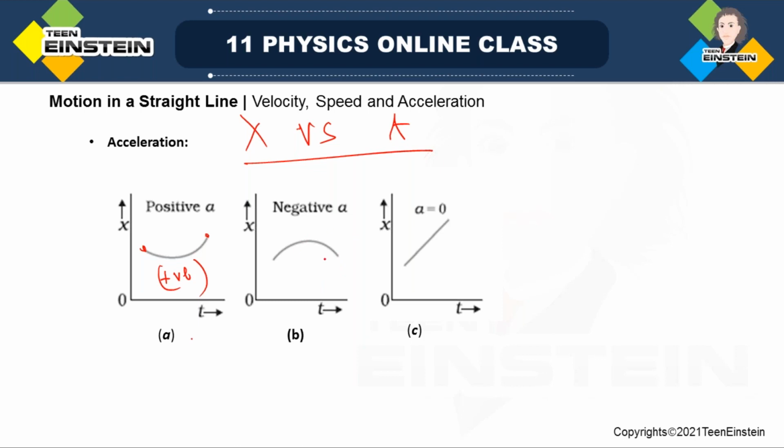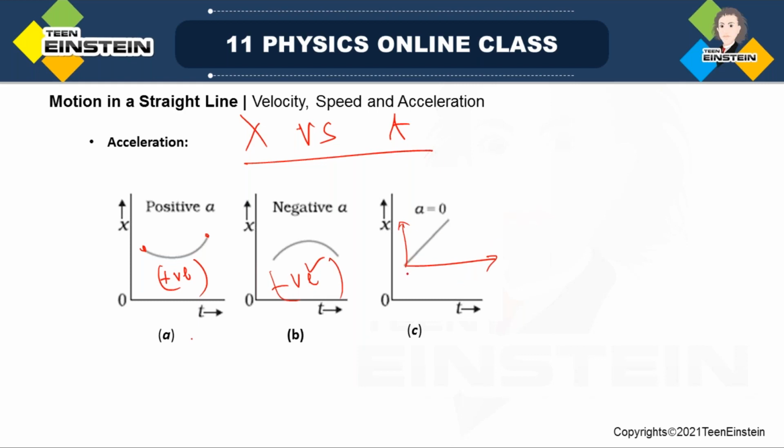So you should remember, or you should learn, what the x-t curve should be for negative acceleration. This is the one for negative acceleration, and this one is actually uniform motion. If you shift the origin and look here, this is uniform motion. I have discussed it on the first day itself.